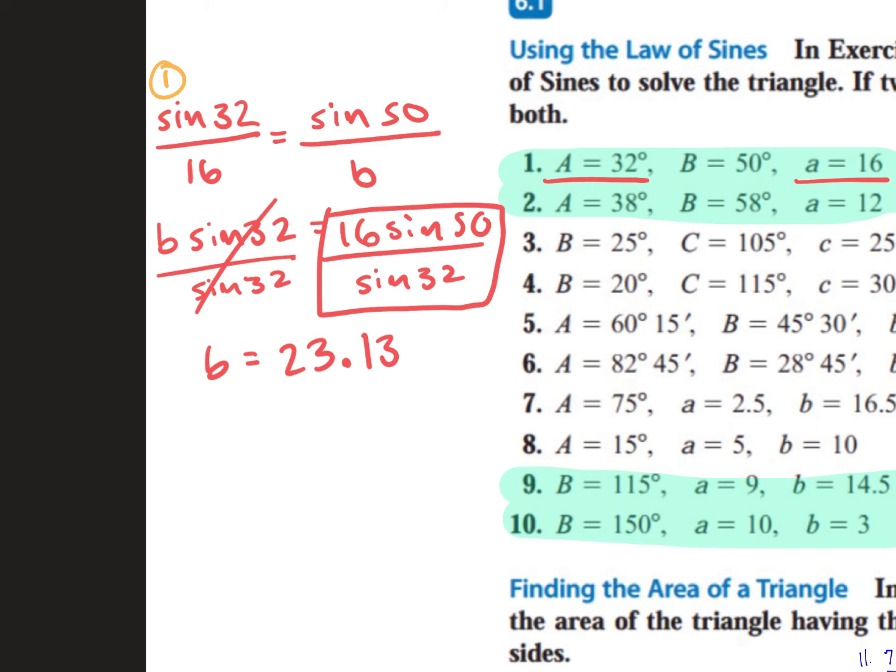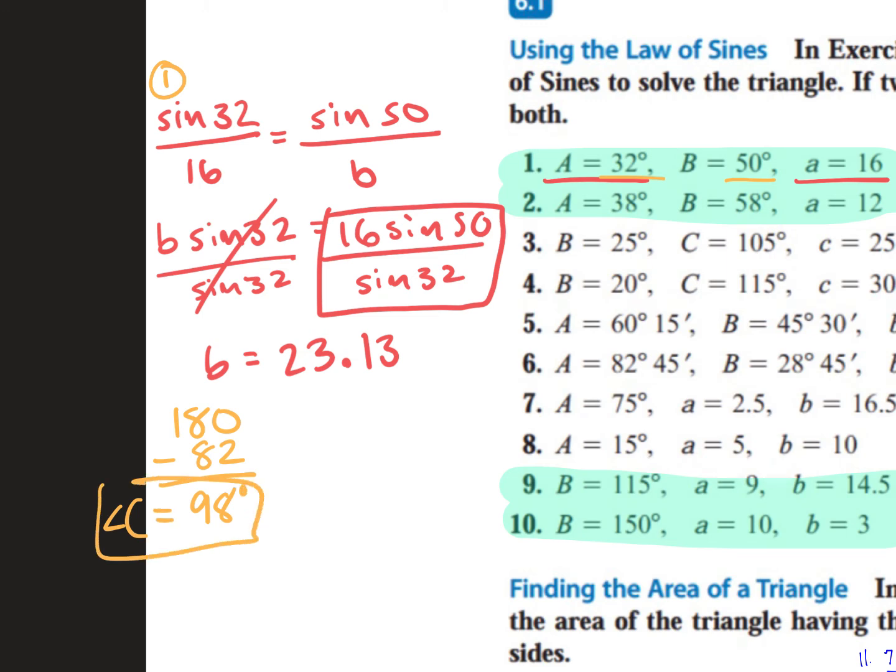But how do I find the third angle? What do all three angles have to add up to? 180. So I would just do 180 minus the 2 that I was given. So 32 plus 50 would be 82. So 180 minus 82 would be 98. So angle C is 98 degrees.